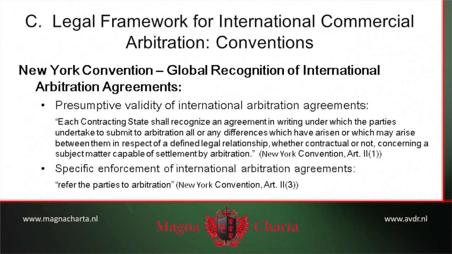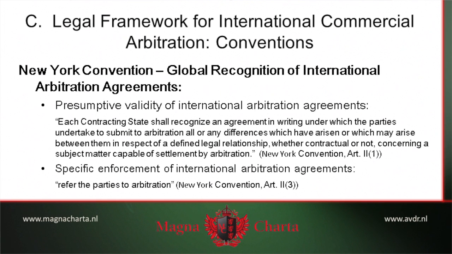We saw that before, right? Past disputes, a submission agreement, future disputes which may arise between them in respect of a defined legal relationship, whether contractual or not, concerning a subject matter capable of settlement by arbitration. Basic obligation: every contracting state shall recognize agreements to arbitrate.